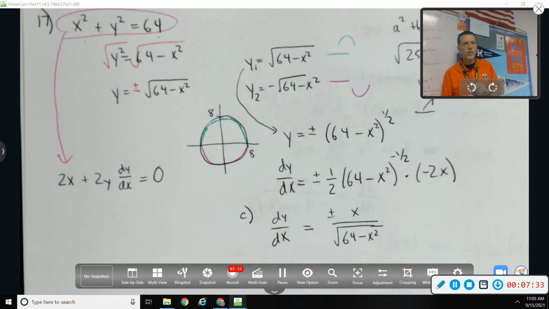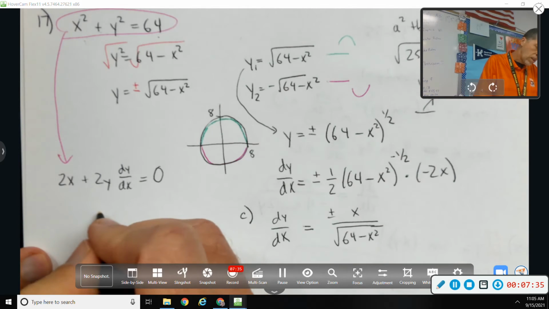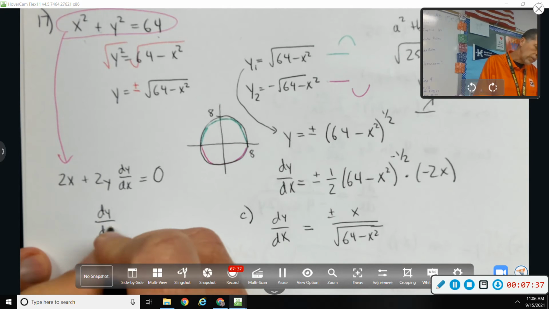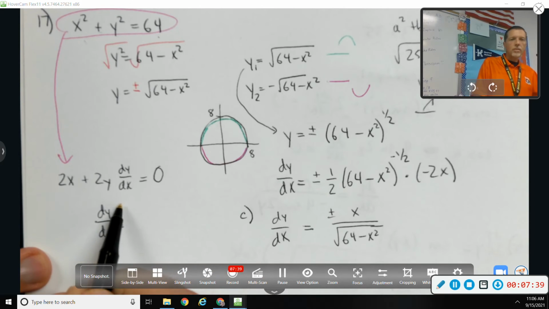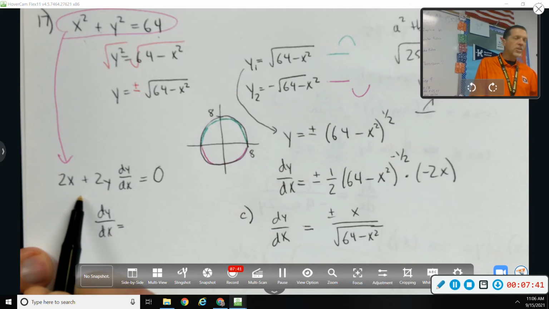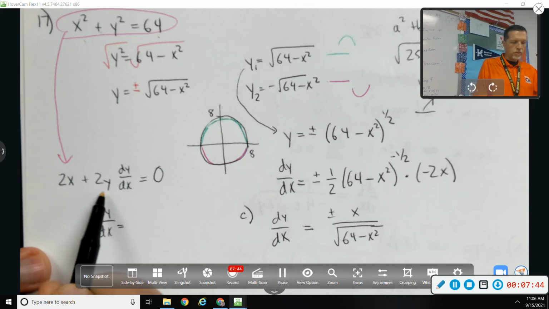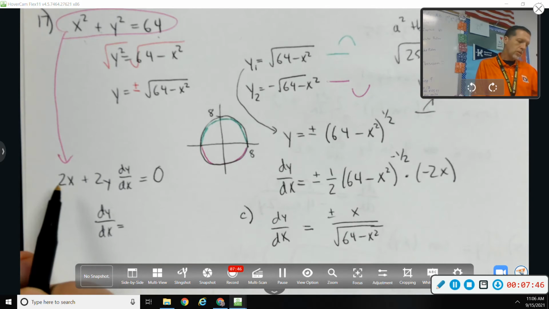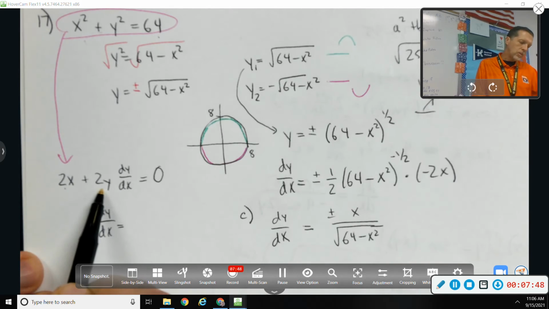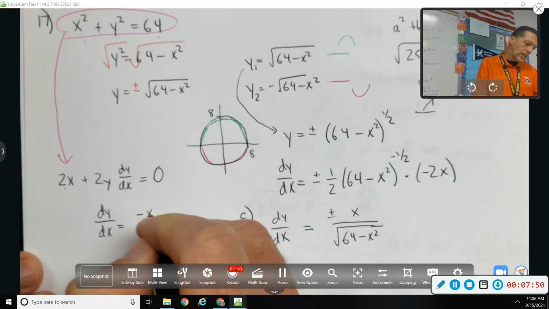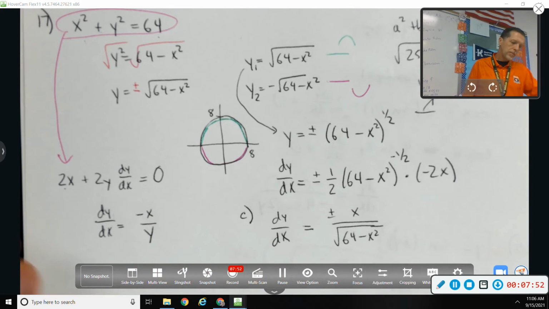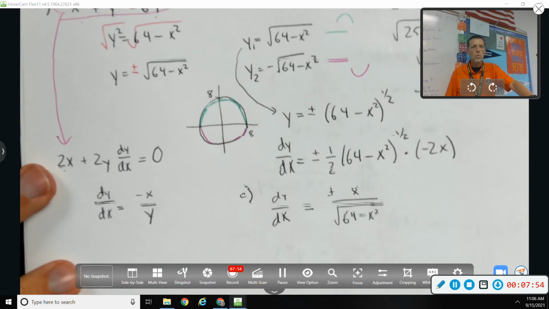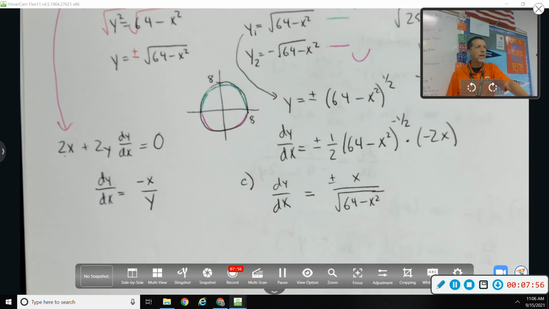Equals 0. That would do the implicit. Now we're doing the implicit dy dx. We showed every single algebra step on the last one. We'll not show them all in this one. We're going to subtract the 2x, divide by 2y, and get negative x over y. Just the 2's, the only time it cancels. Right. Those 2's would cancel.